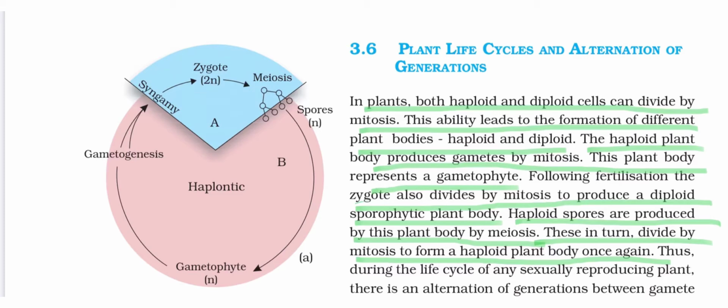This is the main event, the blue part we have seen occurring. Haploid spores are produced by the plant body with the help of meiosis, and these in turn divide by mitosis to form a haploid plant body once again. So, this life cycle alternates, meaning the sporophytic plant body alternates with the gametophytic plant body.